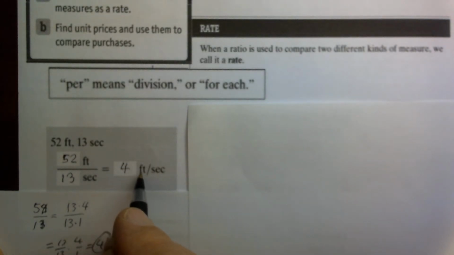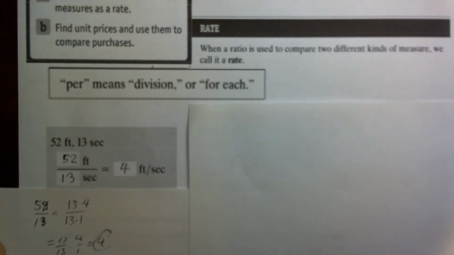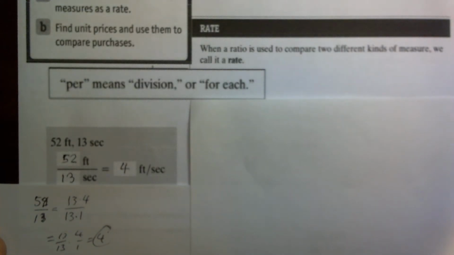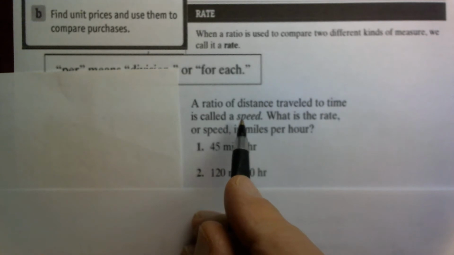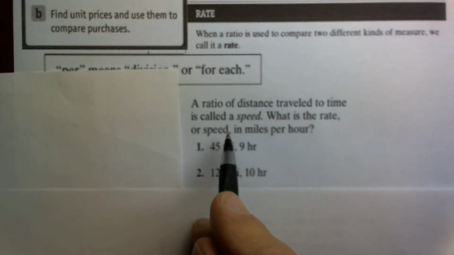So when we divide distance traveled by time, then we have something called speed. And you're familiar with that. And again, to repeat, a ratio of distance traveled to time is called a speed.